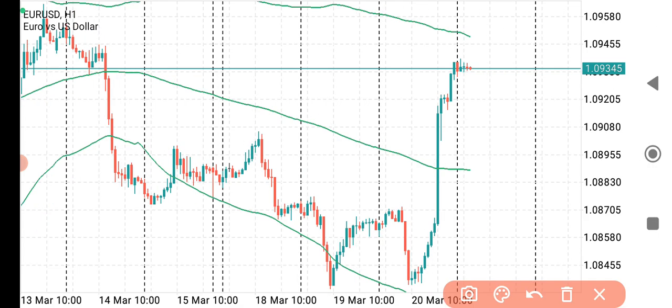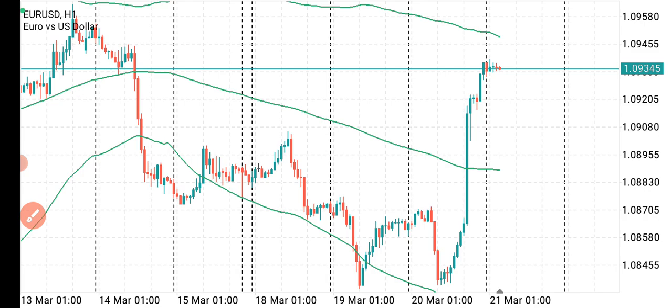Just like this entry, I did this analysis yesterday and I was waiting for price to return for me to go with this double bottom, but unfortunately I was engaged. When I returned, I saw that the market had already gone. Should I jump in? No. Why? Because the market is always there. Anytime you lose an entry, always find another entry.